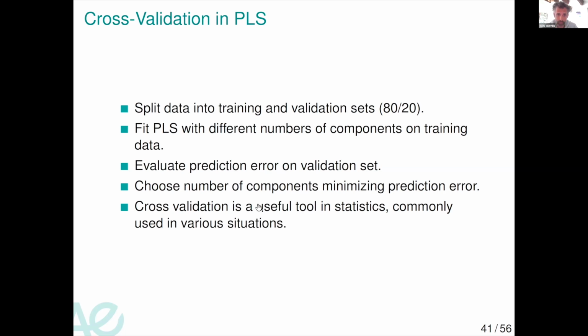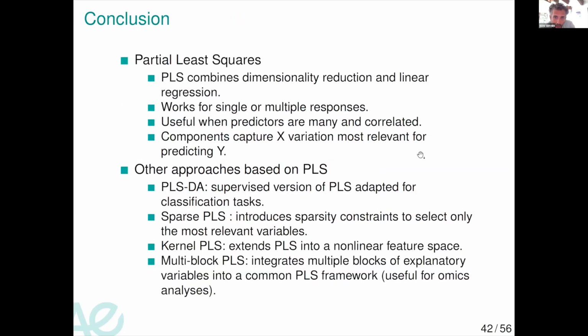So, as I said, cross-validation is a useful tool in statistics. Here, in this case, but it is used in various situations. So partial least square combines dimensionality reduction, because as in PCA you build a linear combination of variables that are more important for the first one, and the linear regression.